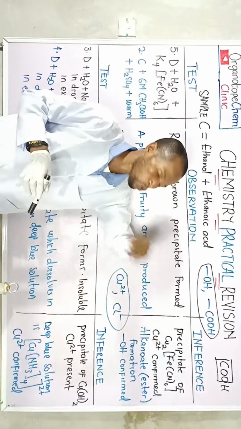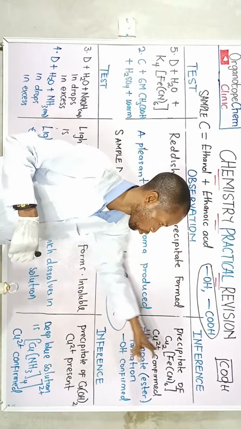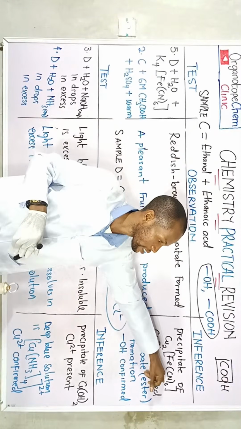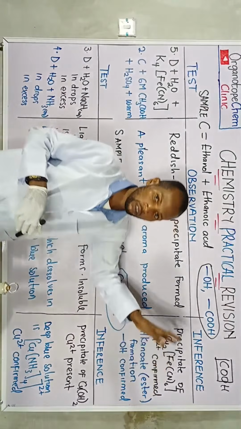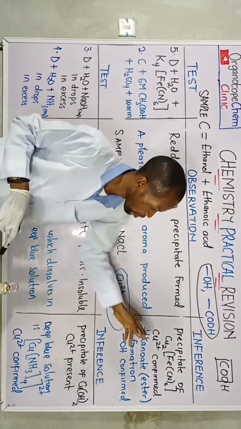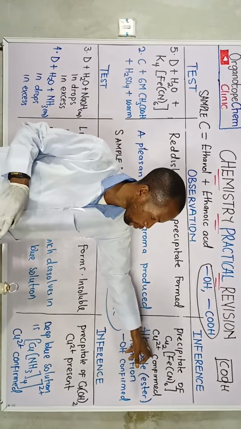Then the compound formed will be identified. That's Cu2[Fe(CN)6], hexacyanoferrate(II). Now we are going to have the Cu2+ confirmed.